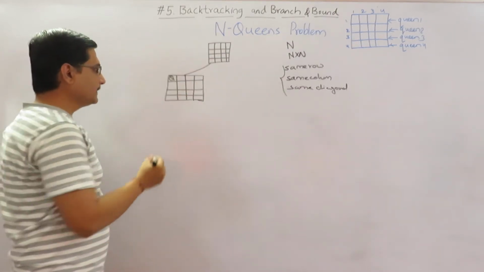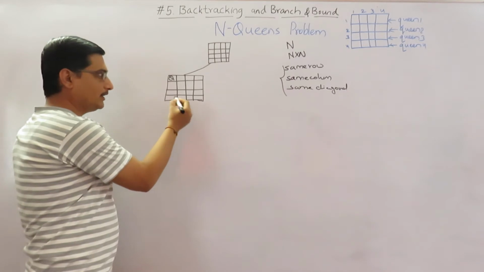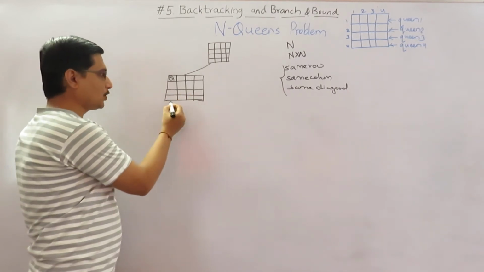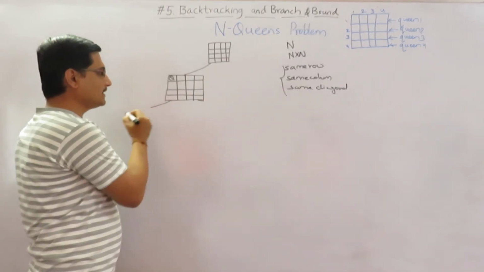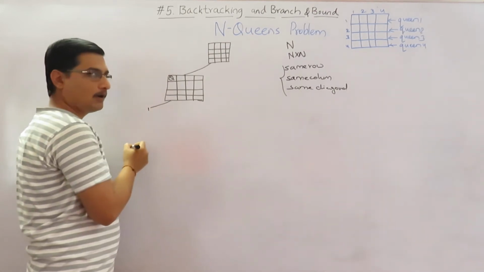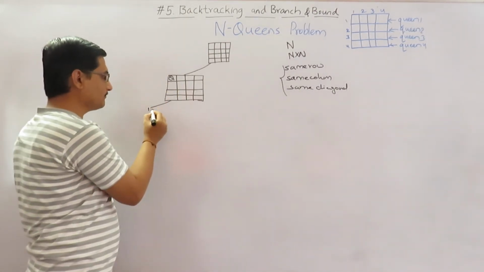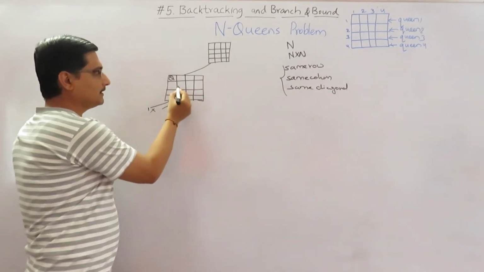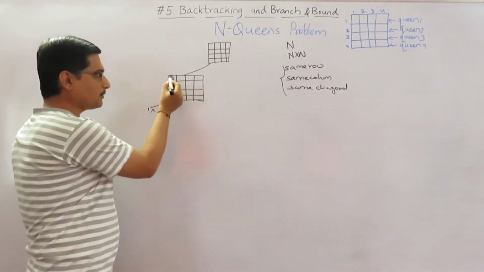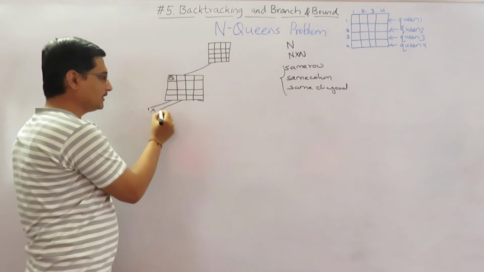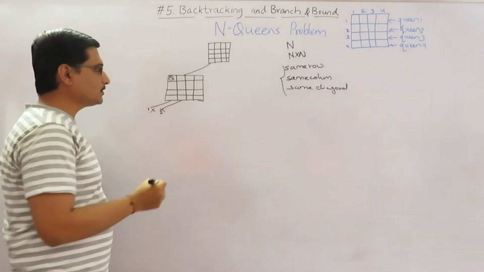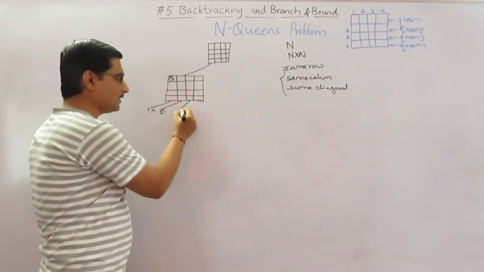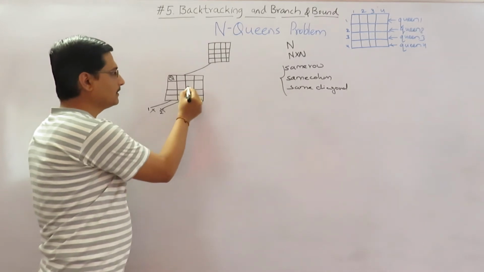Yes. Then we need to place the second queen in the second row now. Is it possible to place that in the first column? Not possible because the first queen is already there. Second column, second row. It is not possible because it will become diagonally equal. So is it possible to place that in the third column, second row? Yes, possible.